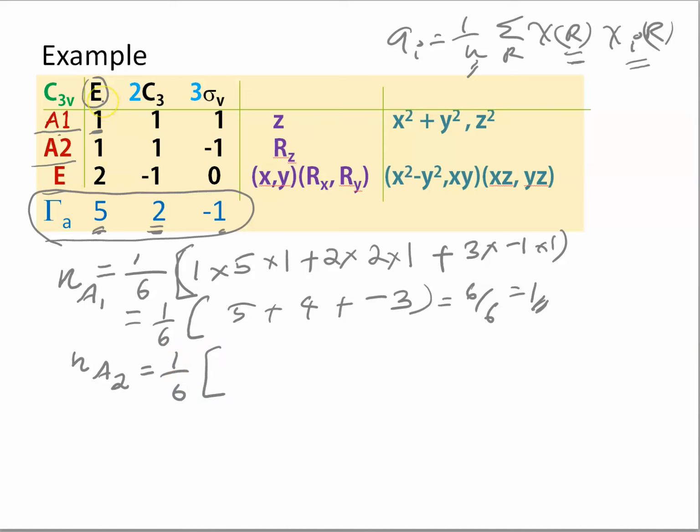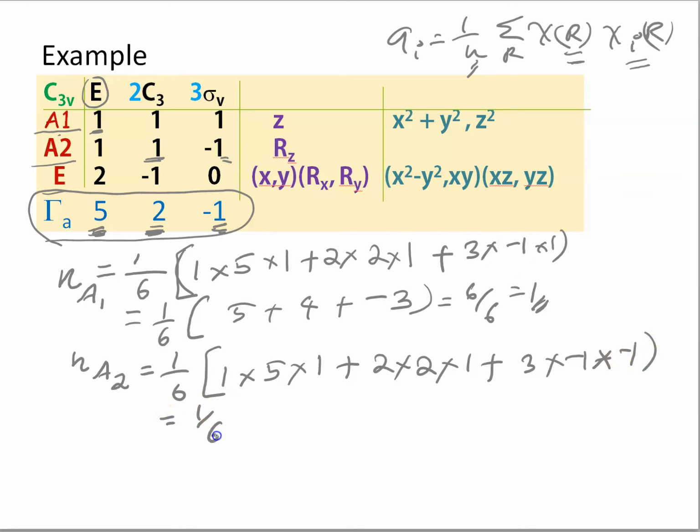First E, only 1, so 1 into the character of gamma A, 5, into the character of A2 in E, which is 1, plus again C3: 2 into the character of the reducible representation, 2, and the character of A2 is 1, plus again sigma v is 3 here, so 3 into minus 1 here and minus 1 here.